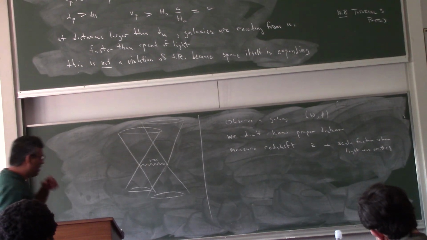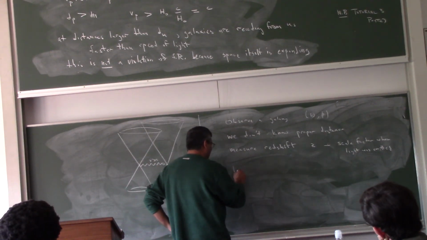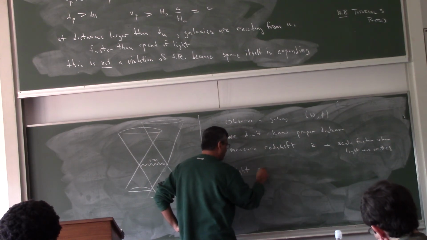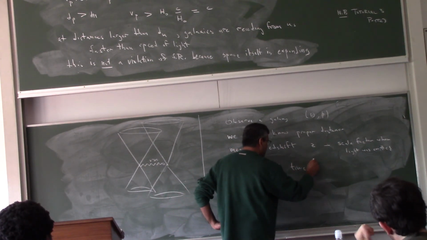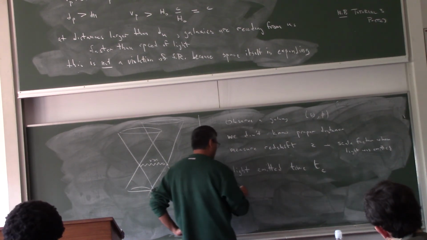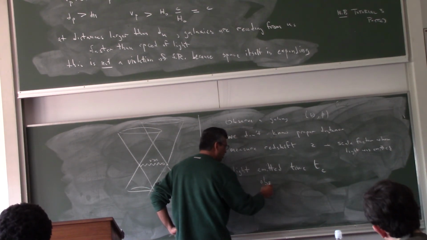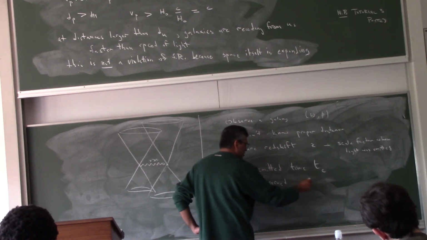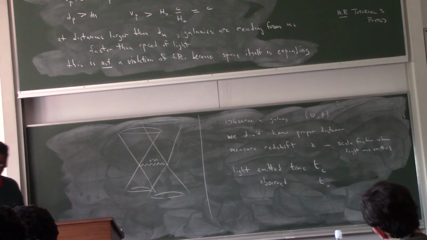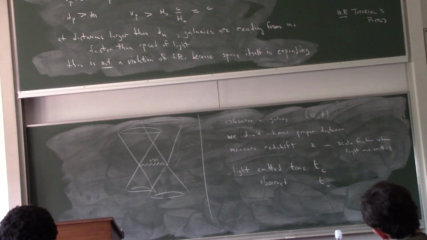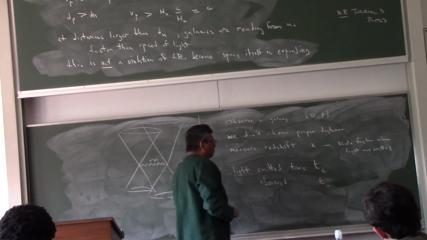So let's suppose a light was emitted at a time t emission, and the light is observed today at time t0. Okay? So, we know that light travels along null geodesics.